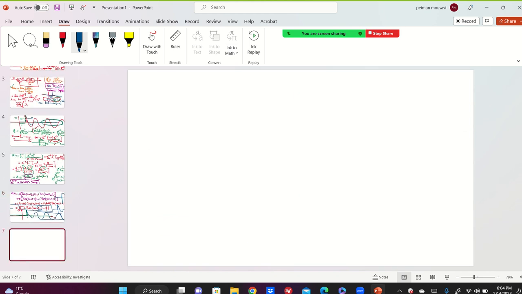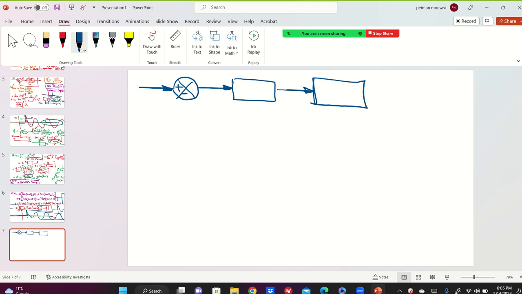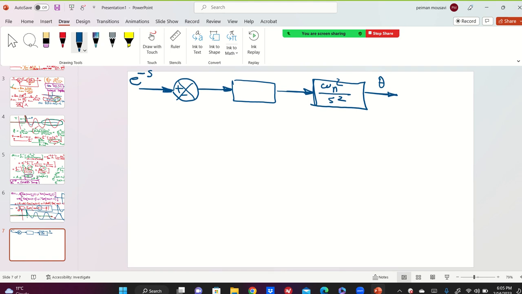So plus minus, I'm putting this here. And this is the input to the system, meaning the delayed impulse.